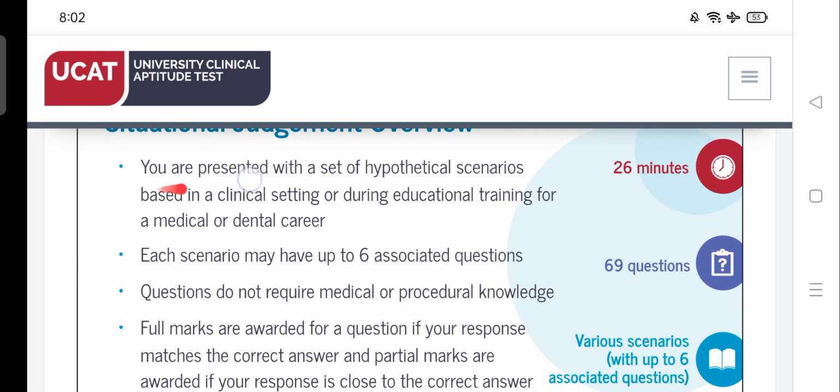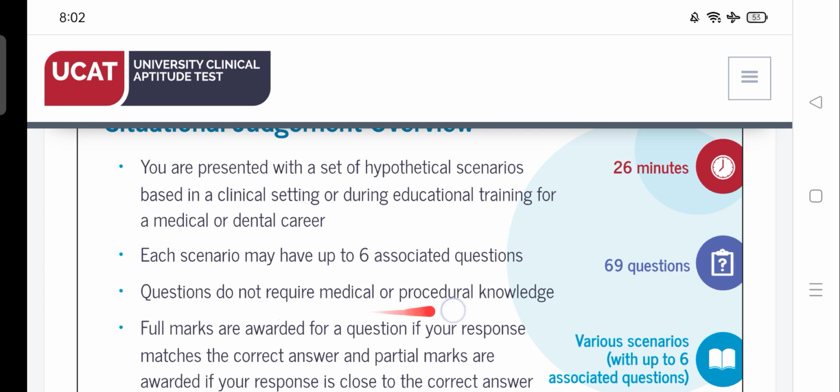You are presented with a set of hypothetical scenarios based in a clinical setting or during educational training for a medical or dental career. Each scenario may have up to 6 associated questions.